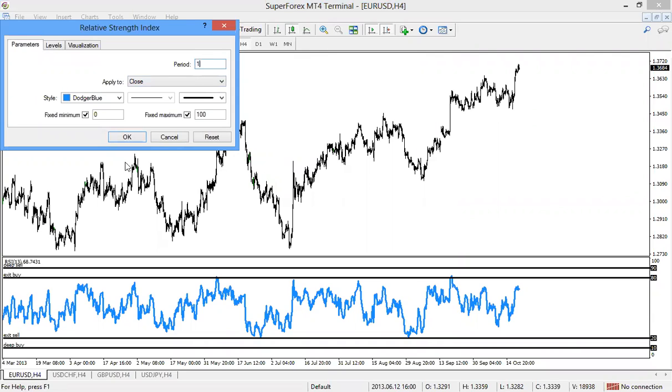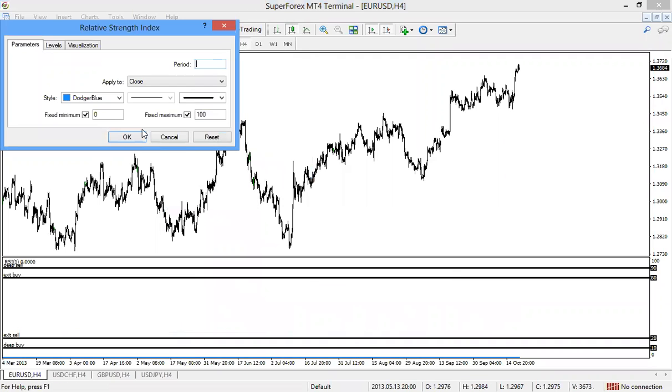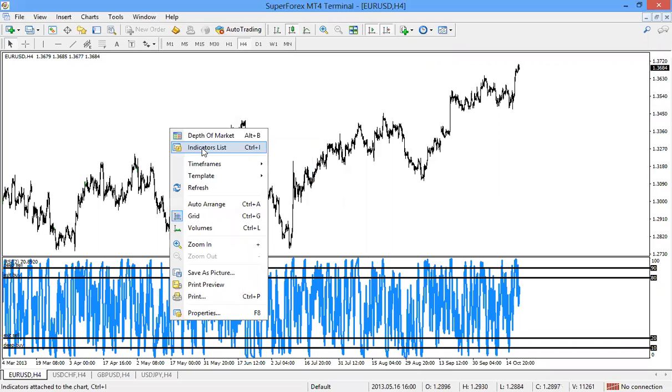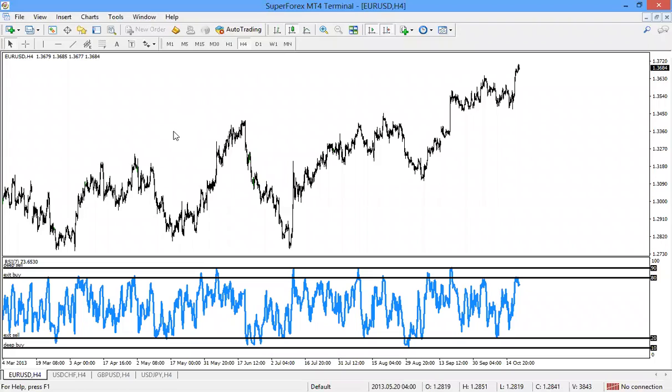I want to see something. Okay, they've completely disappeared. I think for RSI, we went too deep with it. It was supposed to be level.